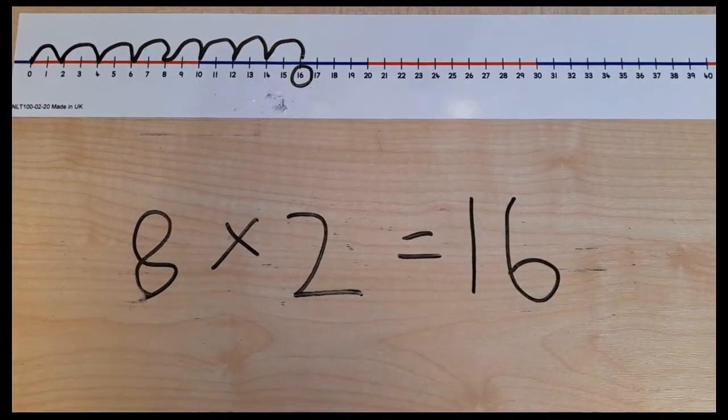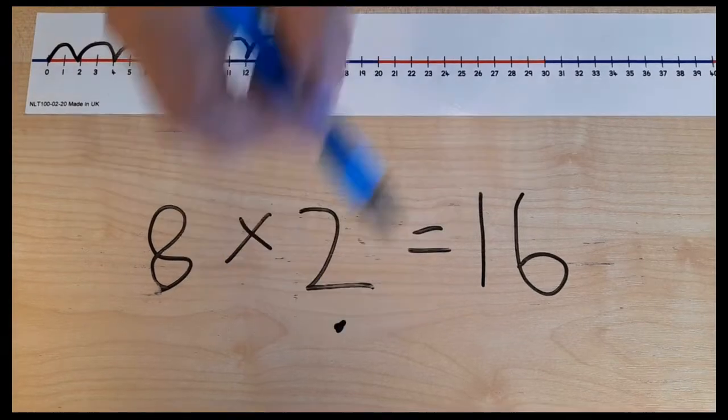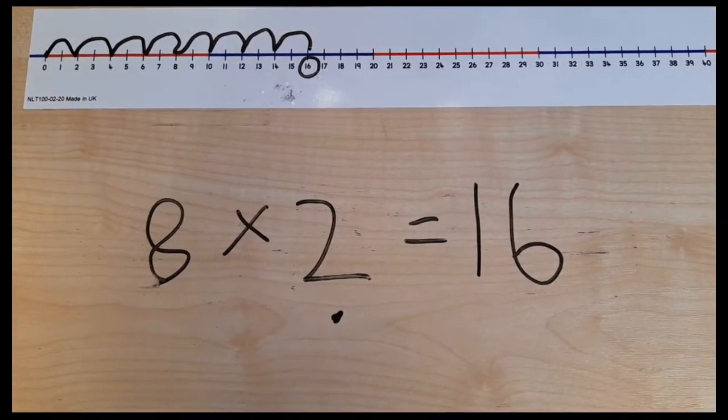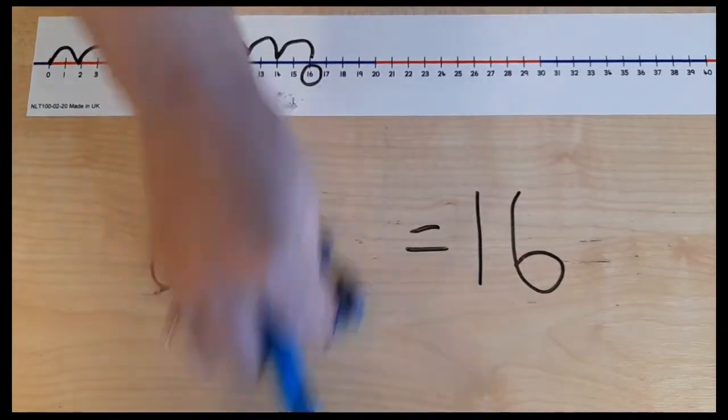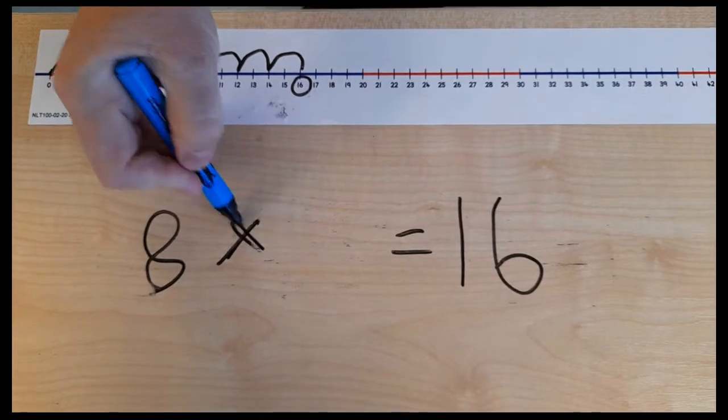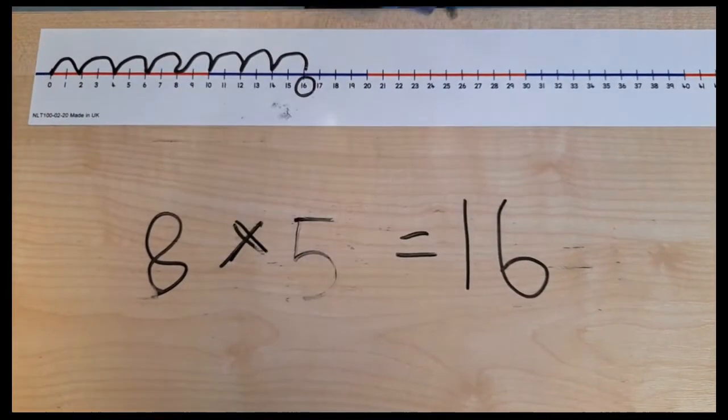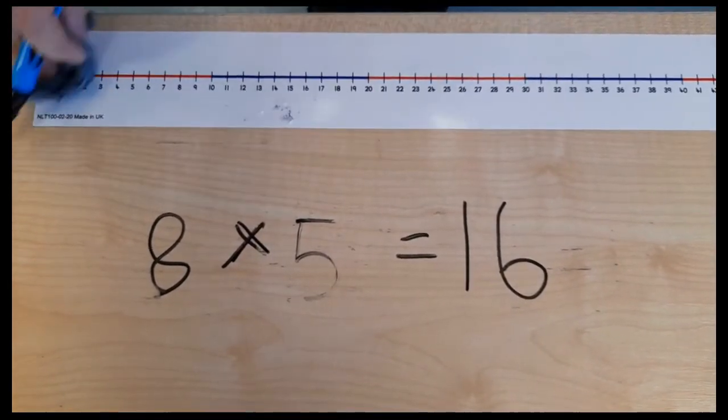Now, we've been doing our 2 times tables, but you can do exactly the same if I want to change this to 8 times 5. Here we go.